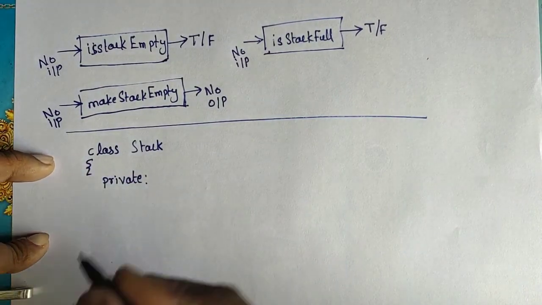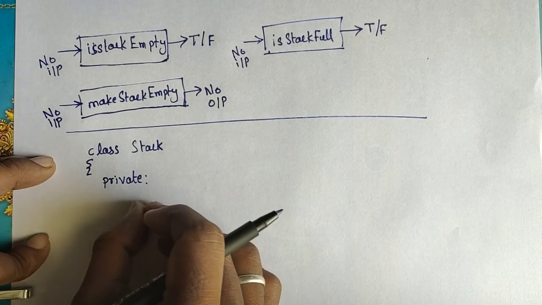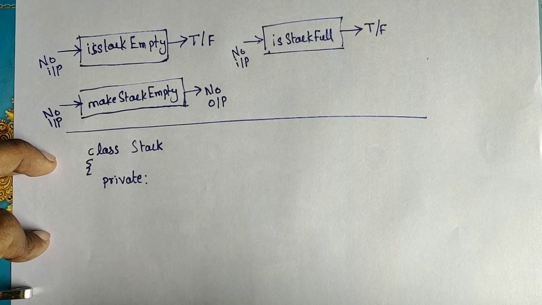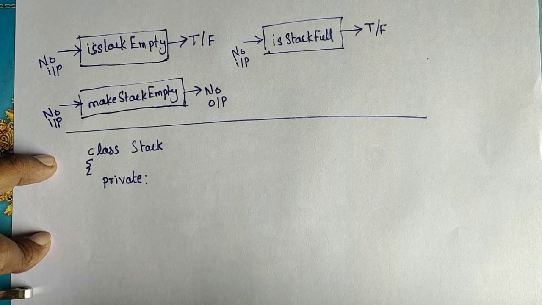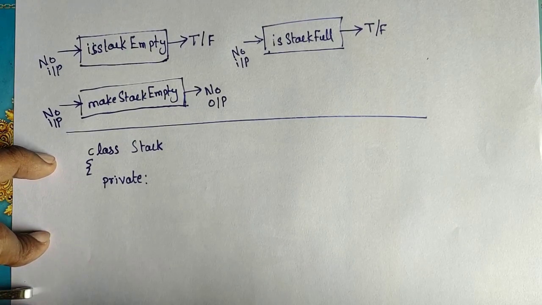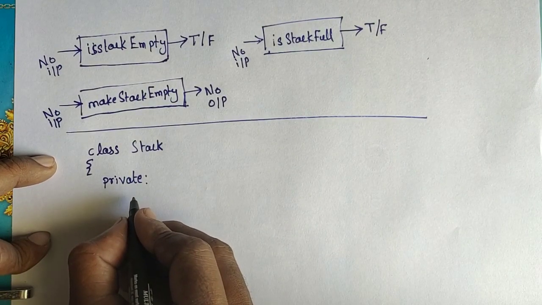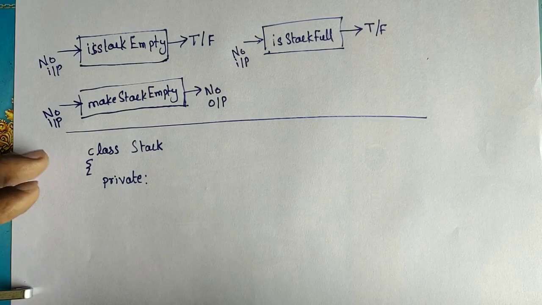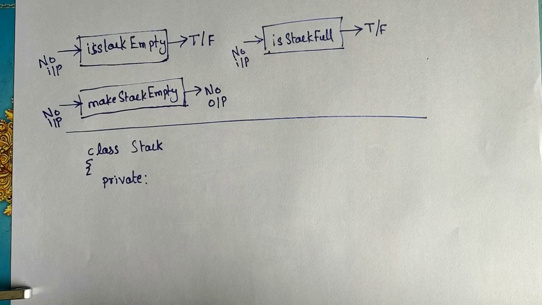When you add the data members to the private section, they will not be accessible from outside of the stack. It means that by using the object of the stack, these data members will not be accessed. So what is the storage? We already discussed it. I need one array to store the elements, one variable to mention the size, the maximum size, and one variable to maintain the index of the recently inserted element.